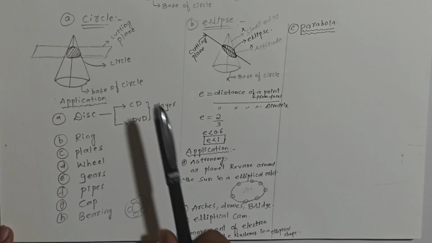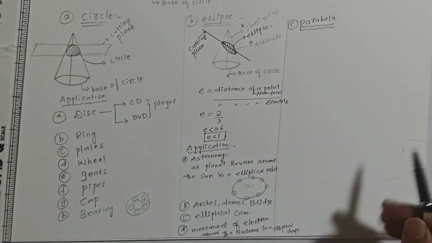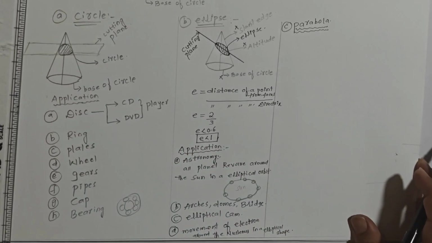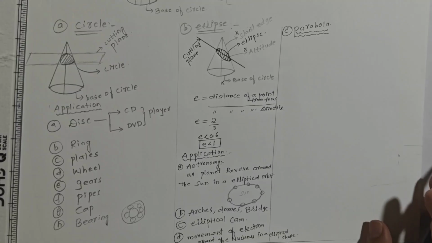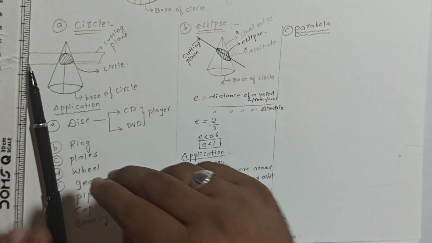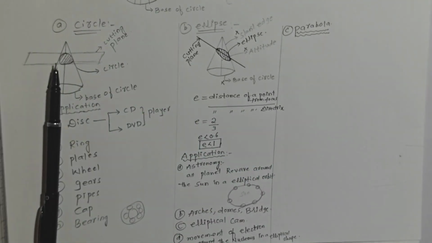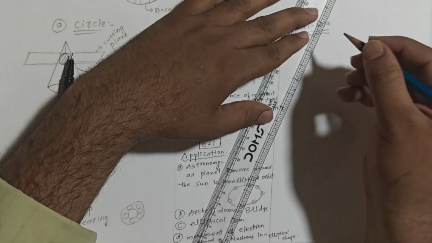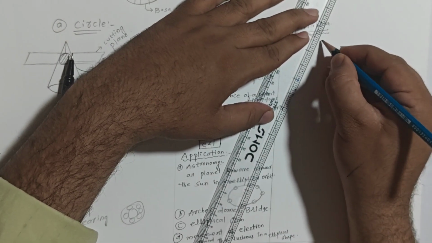Next one is parabola. We need to cut the cone in such a way that this cutting plane is parallel to this slant edge.